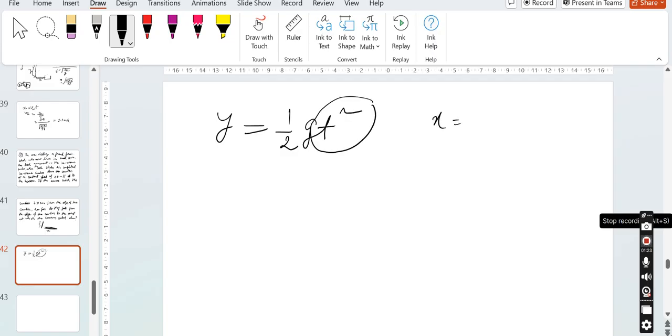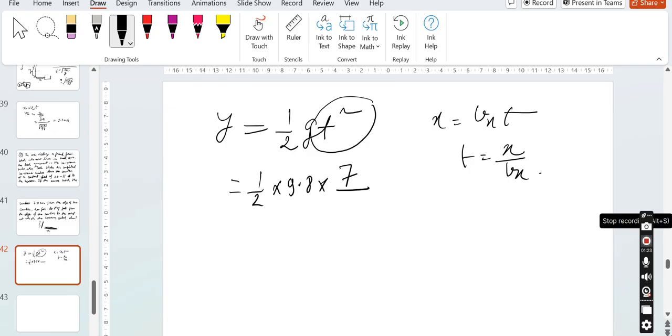Then again, x is equal to vx t, so t is equal to x by vx. So y is half of 9.8 times t square, where x is given as 7 centimeters and vx is 2 meters per second, so t is 7 by 100 divided by 2, squared.